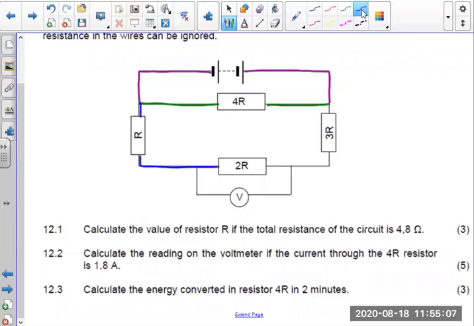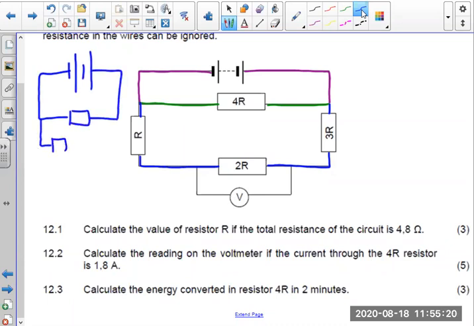So if I can rearrange this, I would say I have a battery, and then I have a 4R there, and in the other one I have an R, a 2R, and a 3R. So this is how it looks like. These are in series with each other. So R, 2R, and 3R are in series with each other, but in parallel with the 4R resistance.